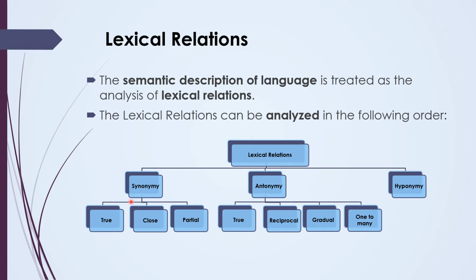Under synonymy we will have true synonymy, close synonymy and partial synonymy. Under antonymy we will have true antonymy, reciprocal antonymy, gradual antonymy, and one-to-many antonymy. And hyponymy has some other categorical sections. It is more hierarchical, in contrast to synonymy and antonymy.